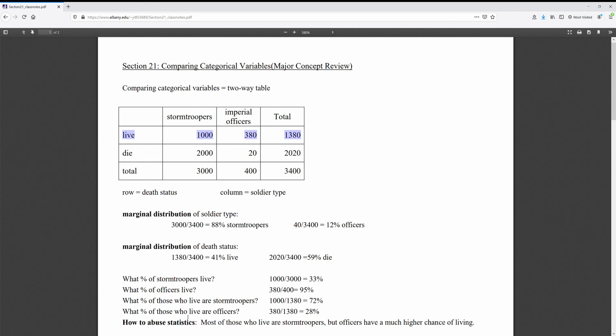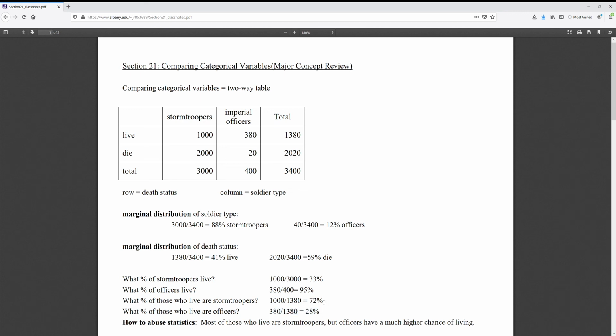What percentage of those who live are officers? Well, again, you've got your universe of people who live, and what percentage of them are officers? So 380 divided by 1380. They're definitely living. It's in question whether they're officers. Numerator, denominator. 0.28, 28%. Now, bear in mind, if you live, you are either a stormtrooper or an officer.